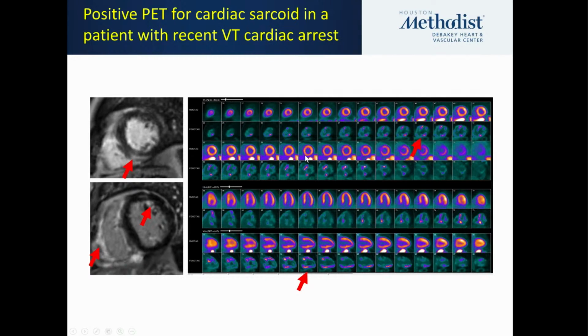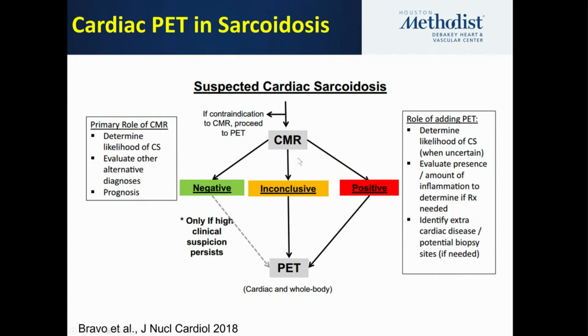And how do we triage which test to do first? This is ongoing research, trying to find out which patients need both versus need one of them. The general consensus at this time is that you're going to start with the CMR. If it is normal in a low-risk patient or low clinical suspicion, then you can potentially stop.